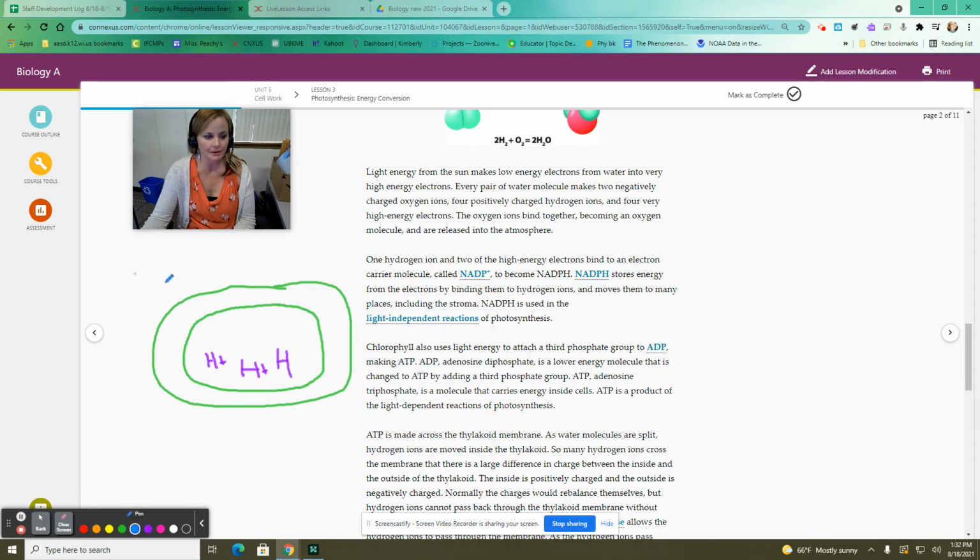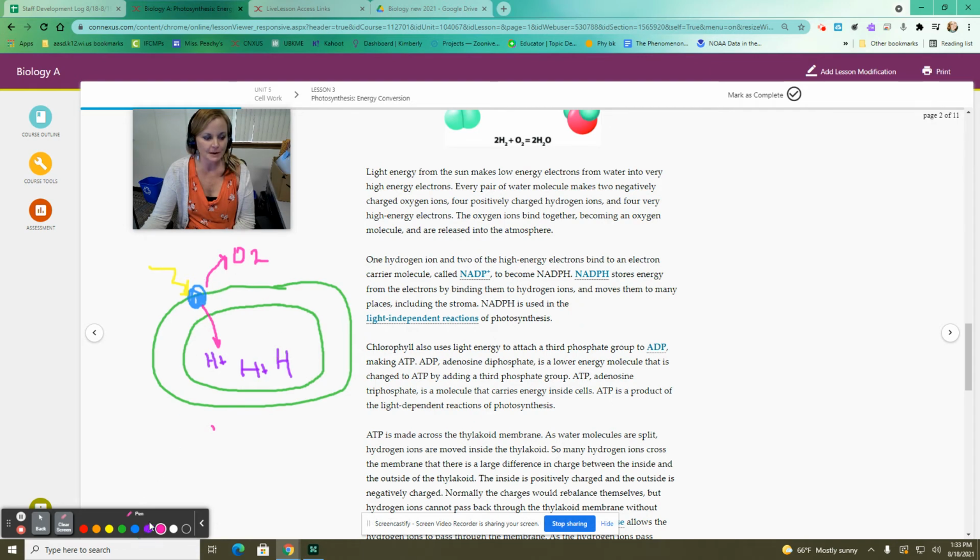We had this water molecule over here, and it was split up by the energy from the sun. The sun came and split up that water, releasing, oopsies, releasing oxygen. Bye, oxygen. Thank you for helping us breathe. And then shuttling those hydrogen ions inside of the thylakoid membrane.